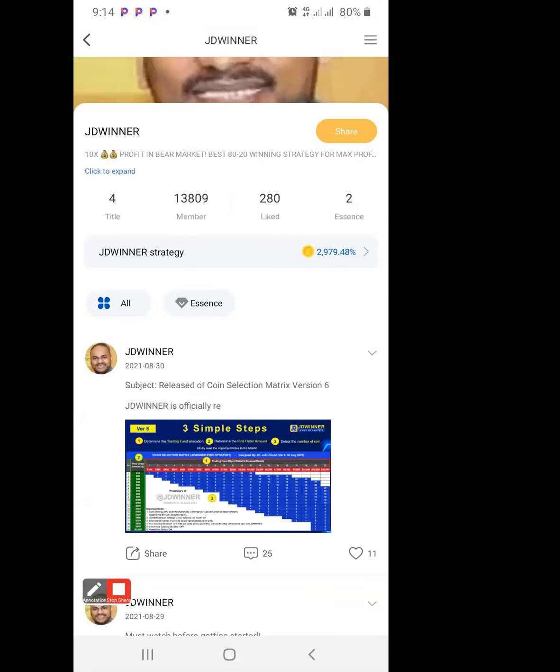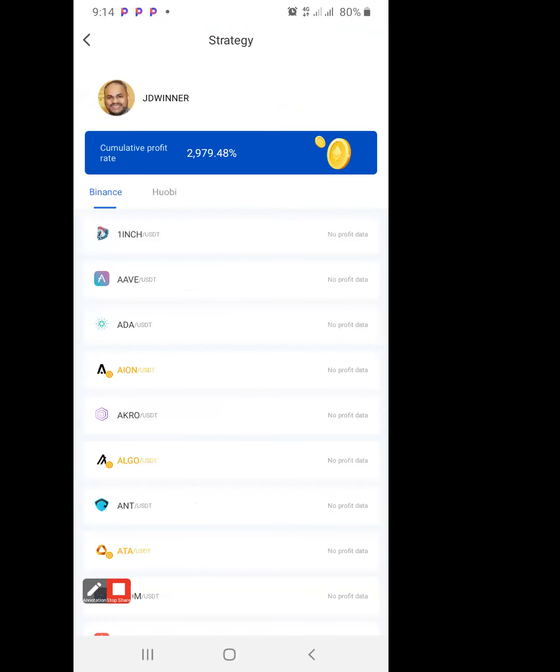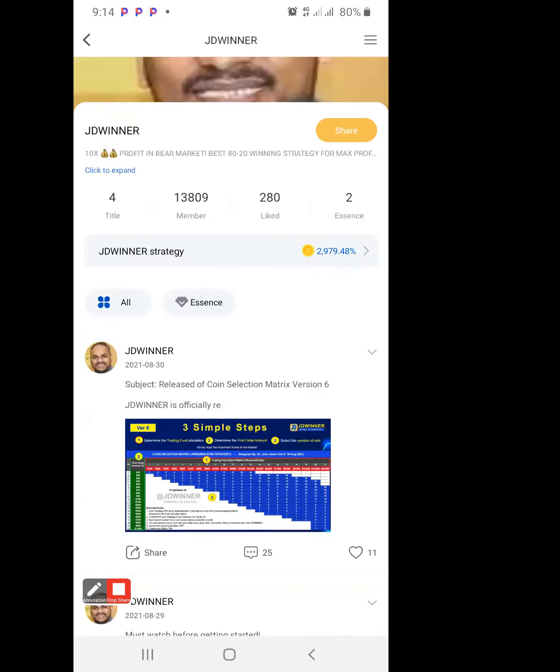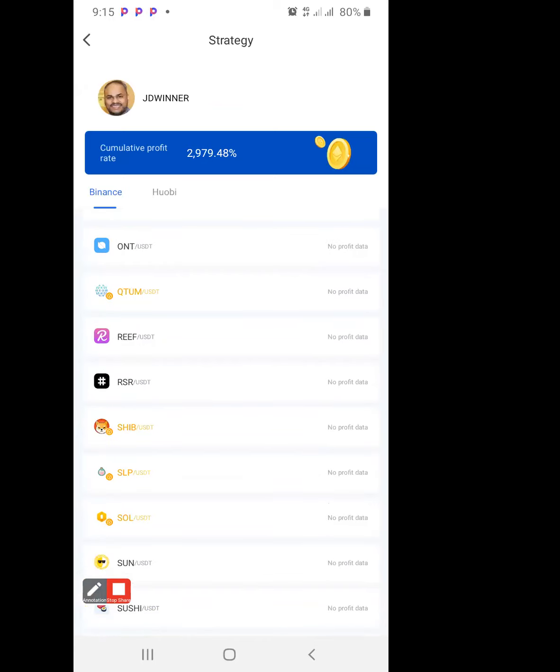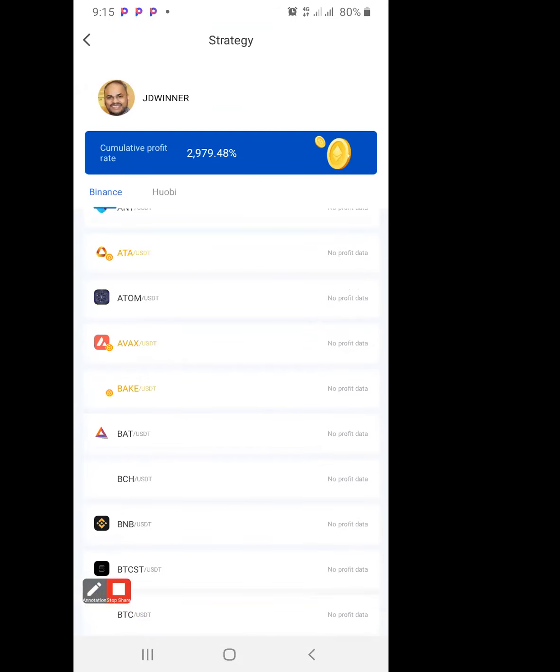I've joined it before here. This is what I'm talking about. You click on this 2,179 percentage. It takes you to where you have to click sync strategy. I can't see the sync strategy because I've already synced. But once you open like that, you'll see sync strategy.